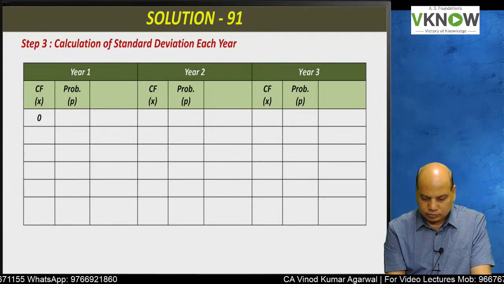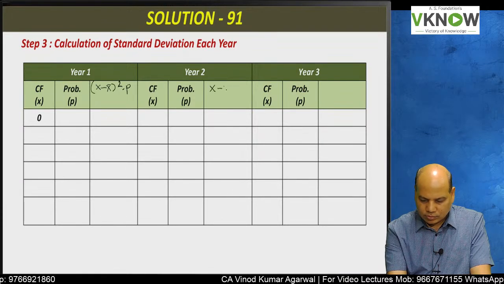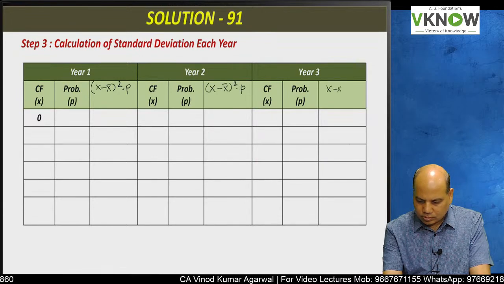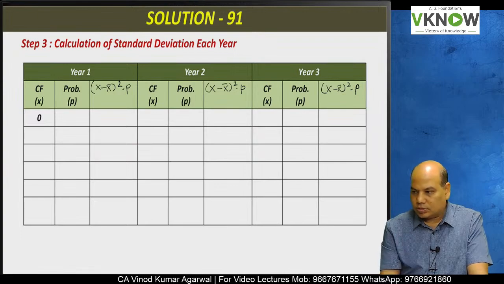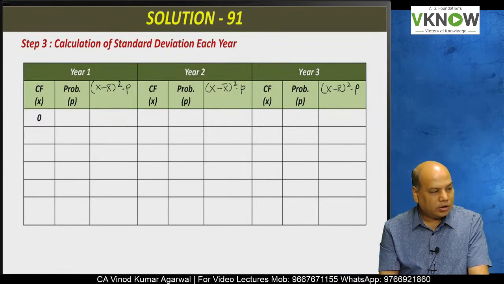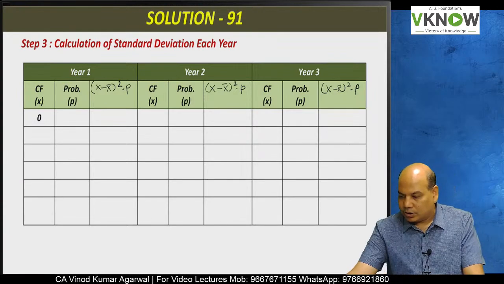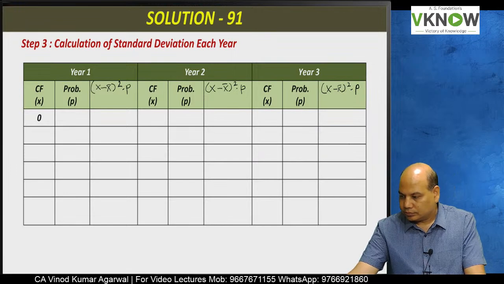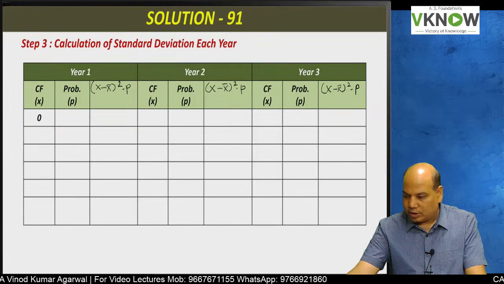Draw the table. Year 1, 3 columns: cash flow, probability, (x minus x bar) square into probability.